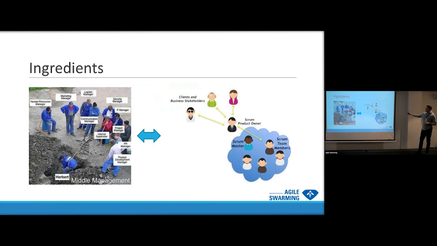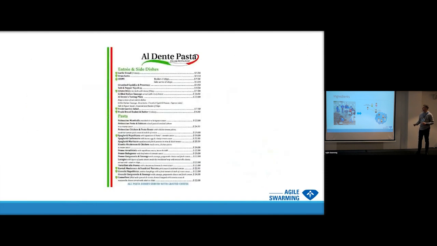There are a lot of people working here, and only two roles defined: Scrum Master and Product Owner. So is there anything that can go wrong if we start doing that change? To learn about it, let's check our menu and see what happens.